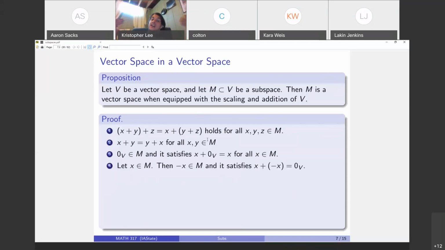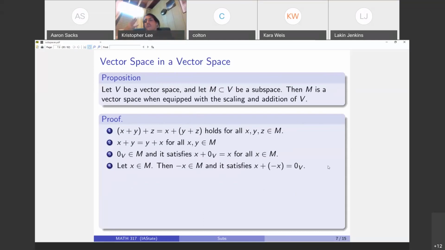Now we just need to verify that it has inverses, and boom, it does. Because as we proved, anything that's in the subspace, its additive inverse remains in the set. And by construction, it satisfies the requirement we need, it adds up to the identity, and as we verified, that identity lives in M. So within M, we have access to inverses. And again, rather than creating brand new ones, just use the ones we already have.